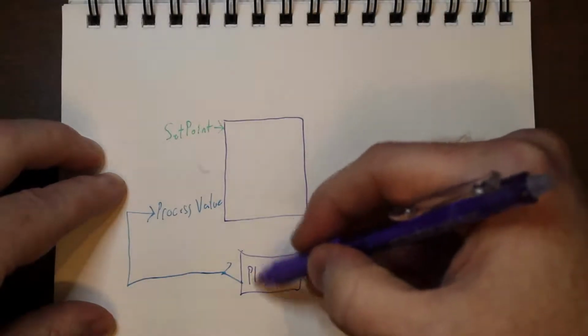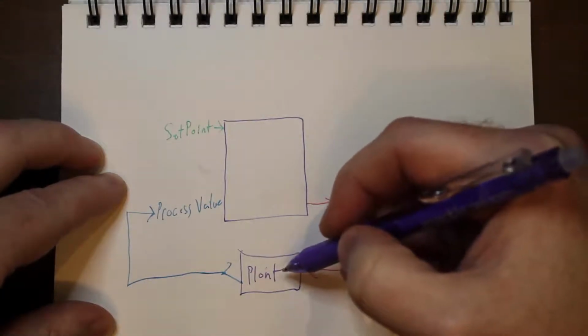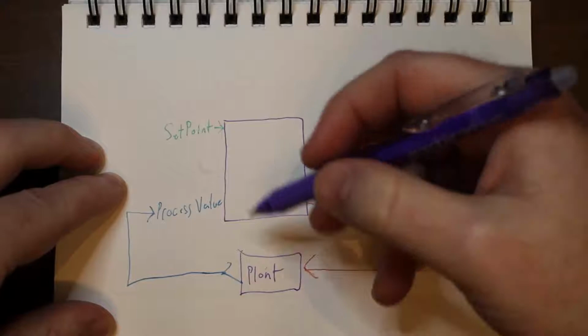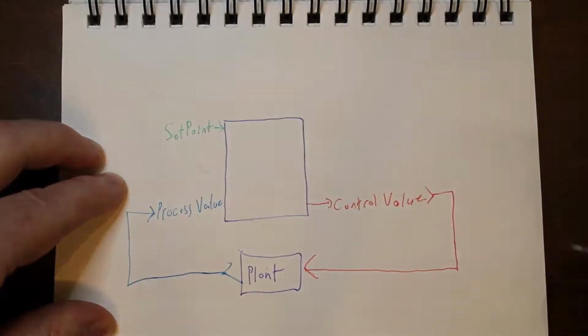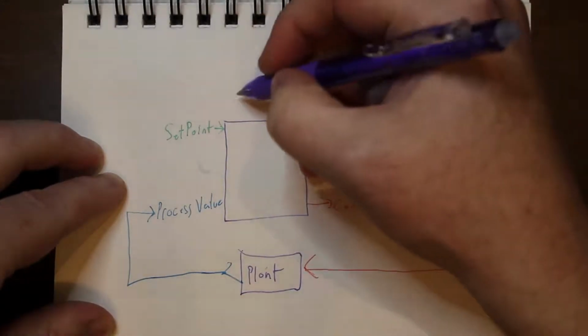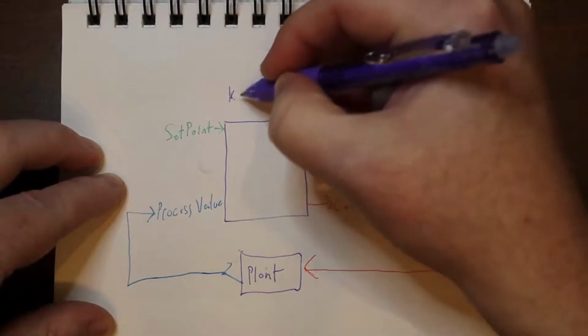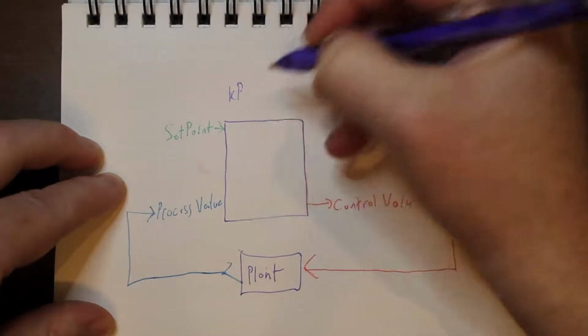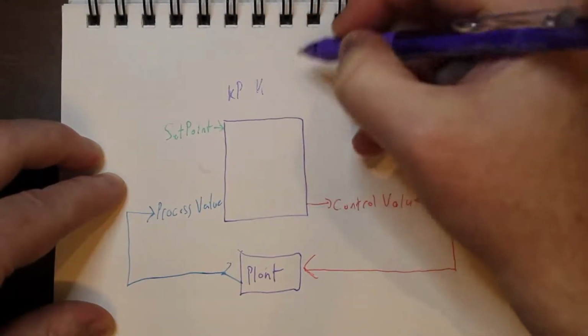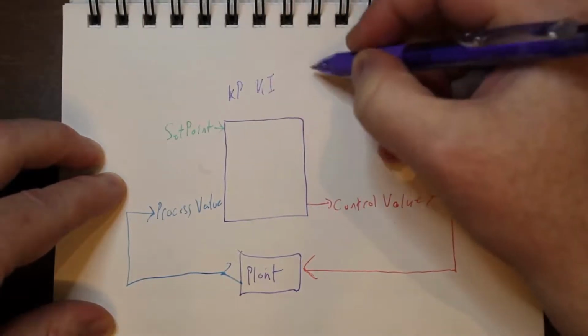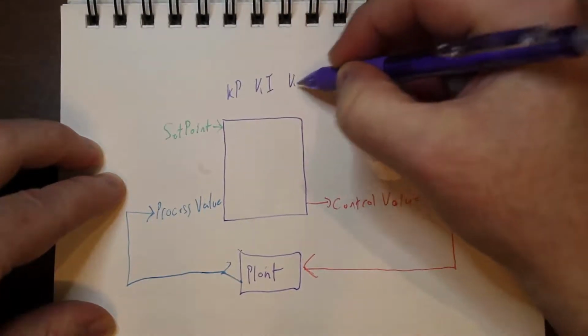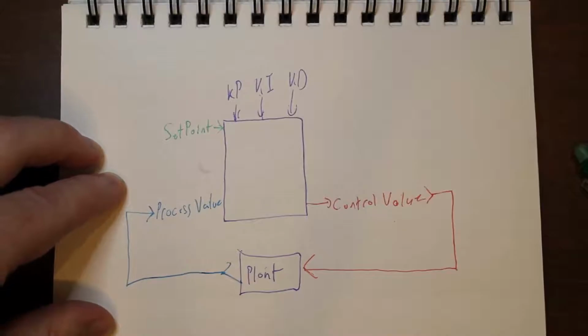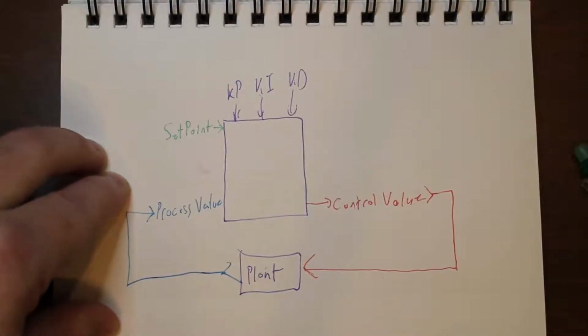Depending on the characteristics of the plant, we're going to have a number of inputs in addition to the set point and the process value, which are your proportional value, your proportional gain, Kp, your integral, and your derivative. And one additional common thing that's going to be tweaked is the update rate.